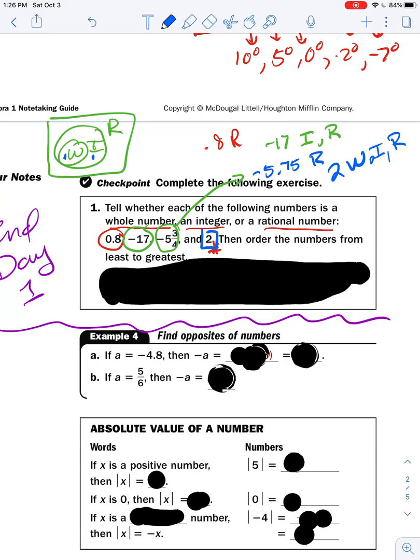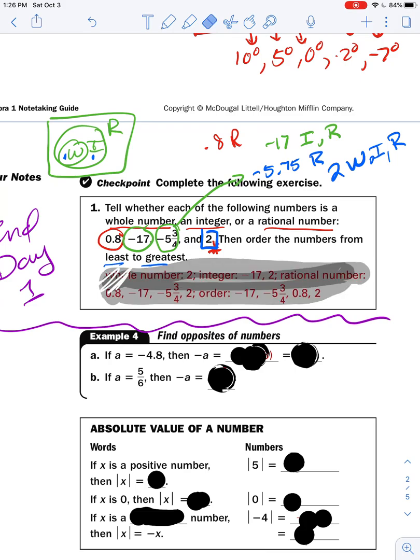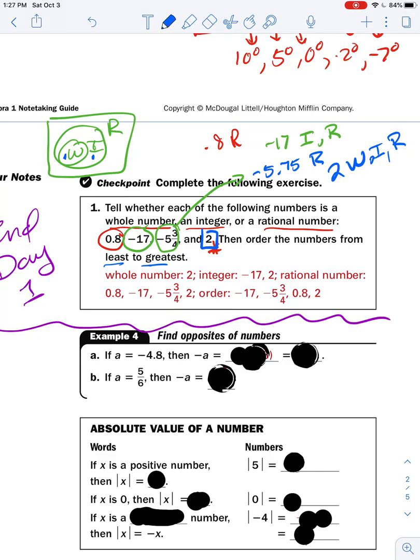So if you wanted to put these in number line order, you'd be looking from left to right because it says least to greatest. So if we do that, the number that would be farthest to the left would be our -17. So let's see here. So if I look at my numbers, my farthest left is -17.